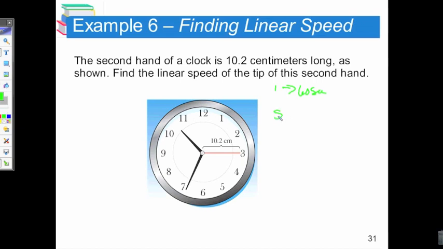And arc length, S, is given by theta times r. And I know r. But do I know theta is the question. So here's what I'm going to do. S equals r, which is 10.2, and then theta.